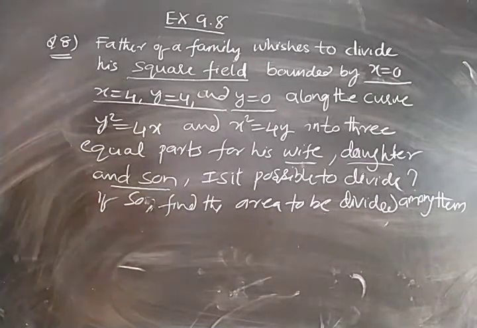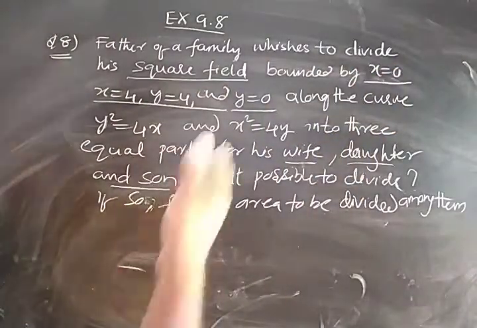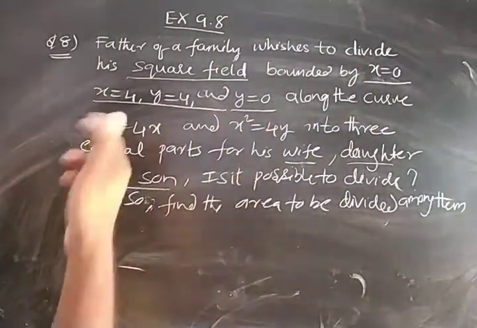Okay, so let me draw the square field first of all using the 4 lines, and I will draw the curves also. 2 curves are parabolas.